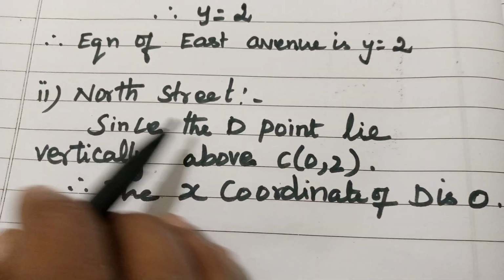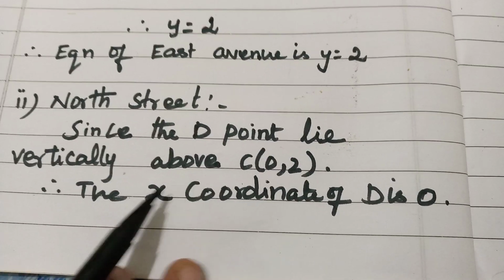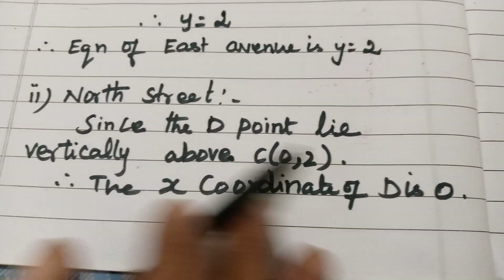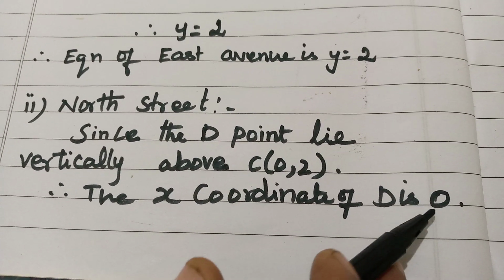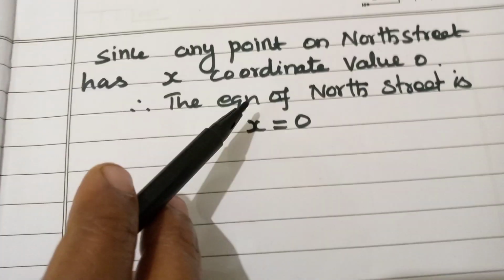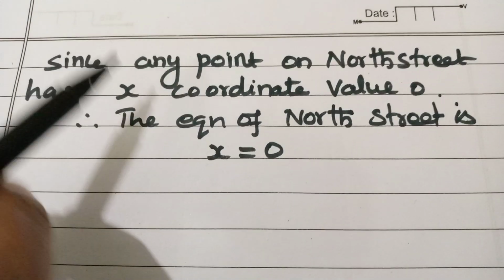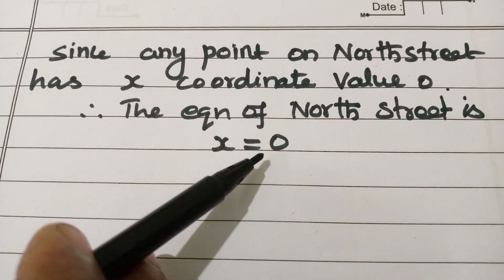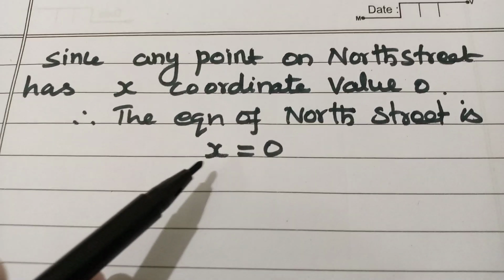So we can write, since D lies vertically above C(0, 2), the x coordinate of D is 0. Did you understand this? Since any point on North Street has x coordinate value 0, it is the y-axis, so all the x values will be 0. So the equation becomes x equal to 0. We know the equation of the y-axis is x equal to 0.